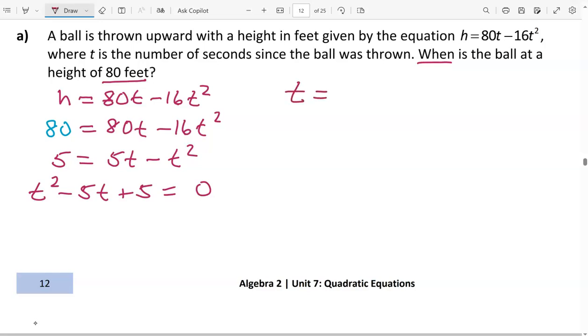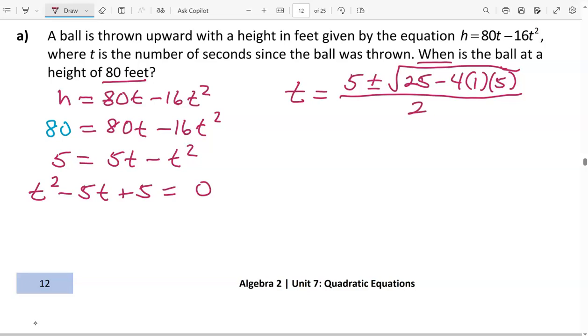So t is equal to the opposite of b plus or minus the square root of b squared, which is 25, minus 4 times a times c divided by 2 times a. And that is enough that we can enter the results into the calculator from here.